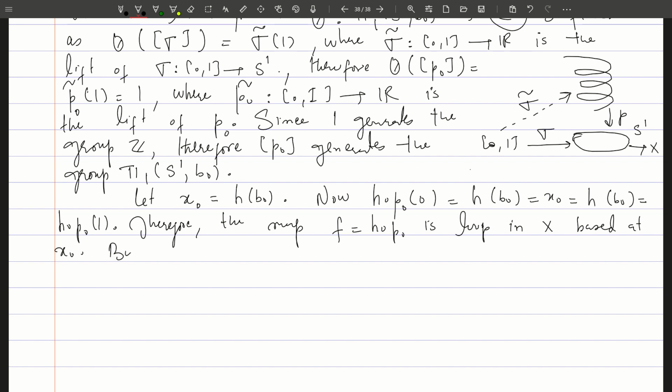But by hypothesis the induced homomorphism h star, from the fundamental group of S1 based at B naught to the fundamental group of X based at h of B naught, which is x naught, is the trivial homomorphism.